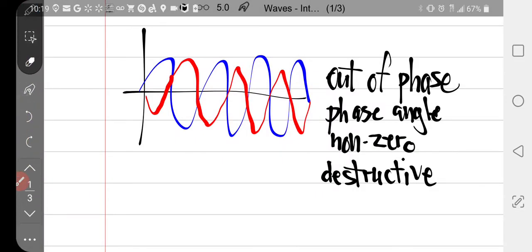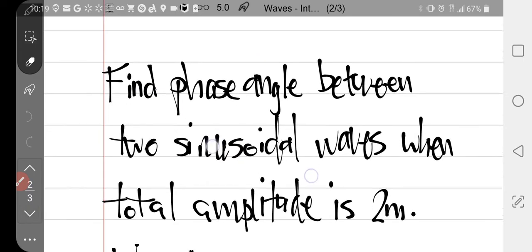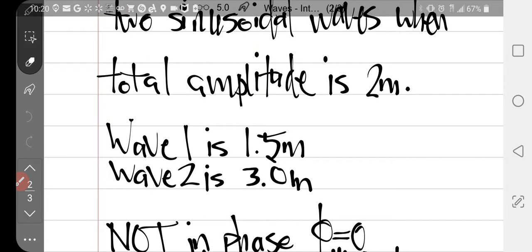Okay, so what we have: find the phase angle between two sinusoidal waves when the total amplitude is 2. Wave 1 is 1.5 meters. Wave 2 is 3 meters.